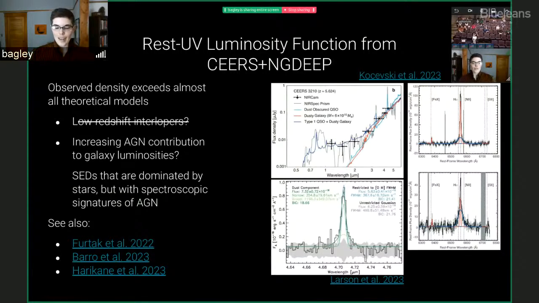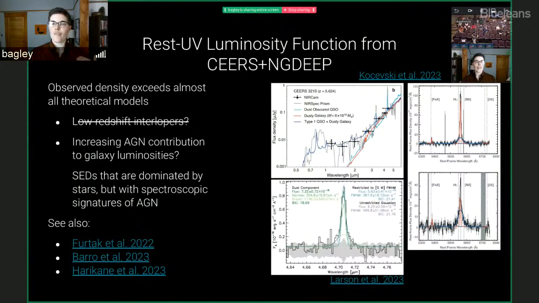We heard from Jinyi a great example of how we're seeing a lot of low luminosity AGN in galaxy samples at high redshift. This is an example from a couple of papers, Rebecca Larson's and Dale Kocevski's, seeing some broad spectroscopic components in our NIRSpec follow-up.